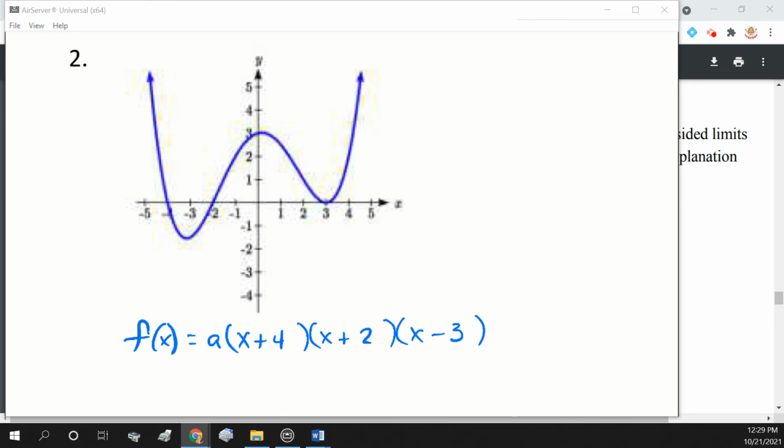And then the one from 3, the one that's x minus 3, it bounces. So we need to make sure we put a square on that factor.